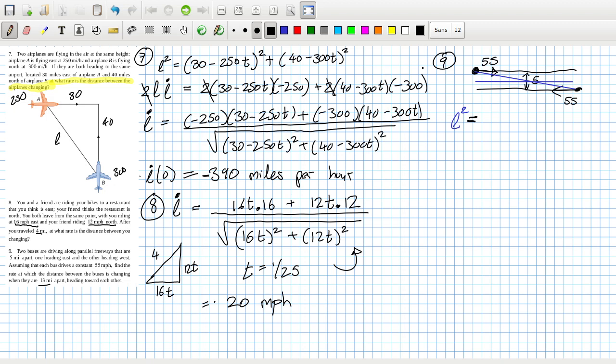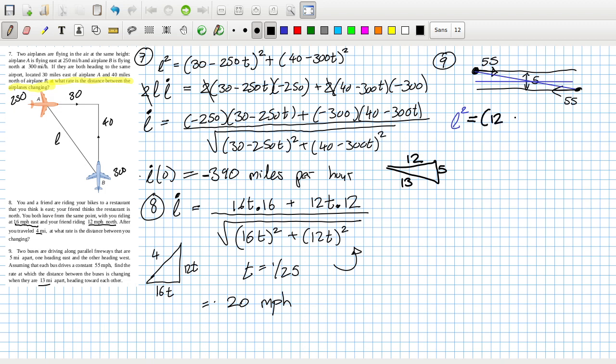Okay, we know they're 13 apart. What will I do with the 13? Could be 13 and 5. That would make it 12. Could be that. So this distance here is 12.